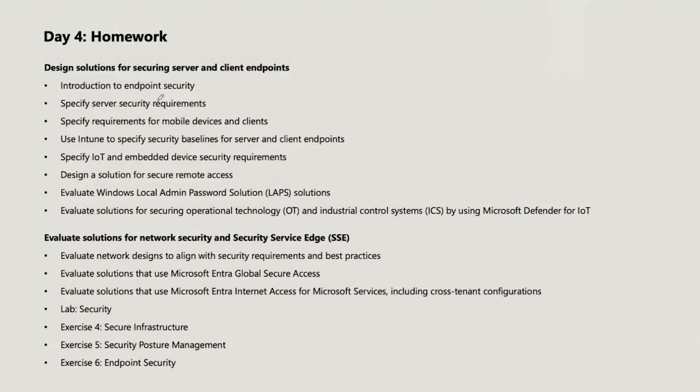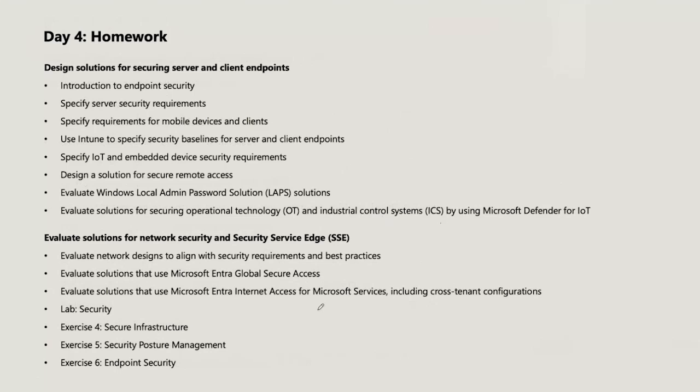It specifies server security requirements, what we have in IoT and embedded device security requirements, and what comes in labs: the Local Administrator Password Solution, then OT, operational technology, and industrial control systems, ICS. Also security service edge, designed for network security and access, including Entra Global Secure Access, Entra Internet Access, and Entra Private Access discussions.